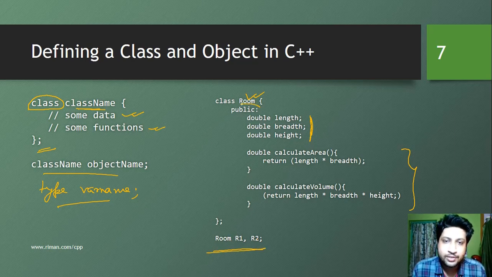For now, just forget about this public. This is called an access specifier, and we will come into details about this.